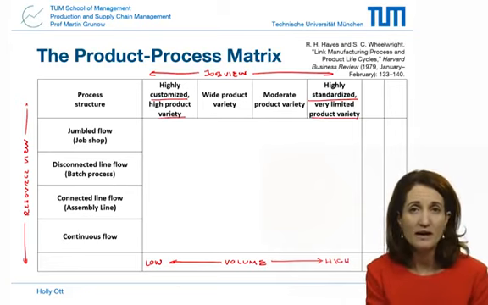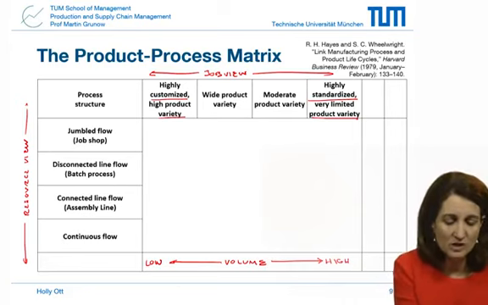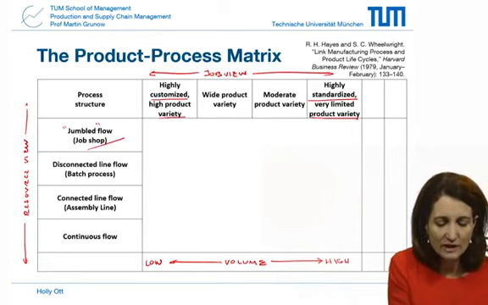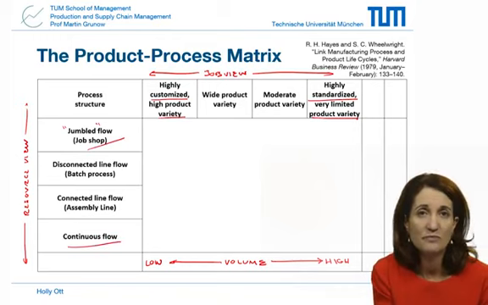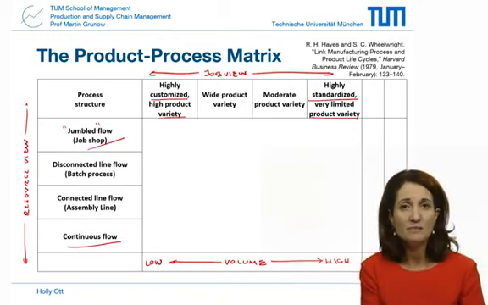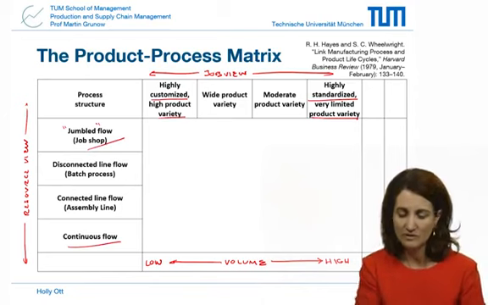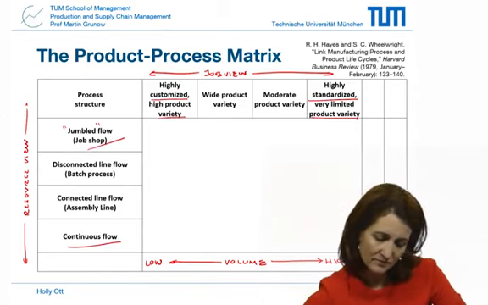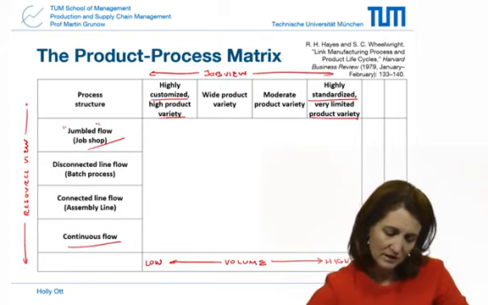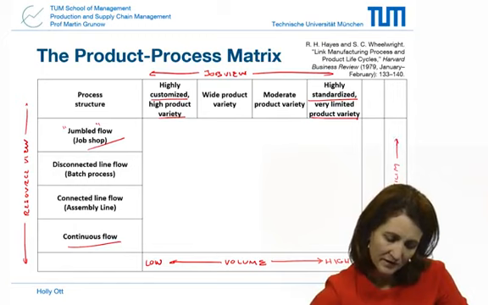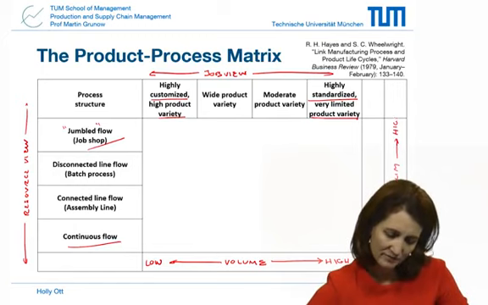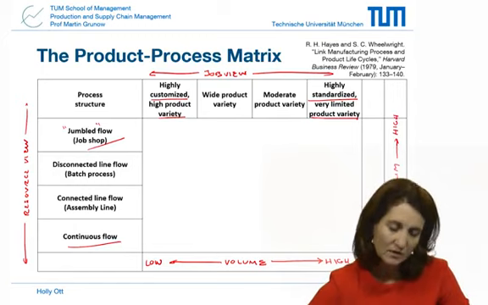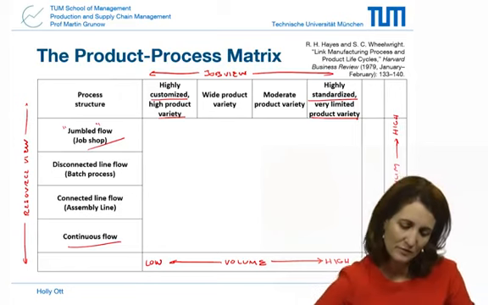Now, on the vertical axis, we're moving from what's called the jumbled flow, or the job shop view, to a continuous flow. And the flexibility for these types of production flows ranges from very high in a job shop view to very low in continuous flow.